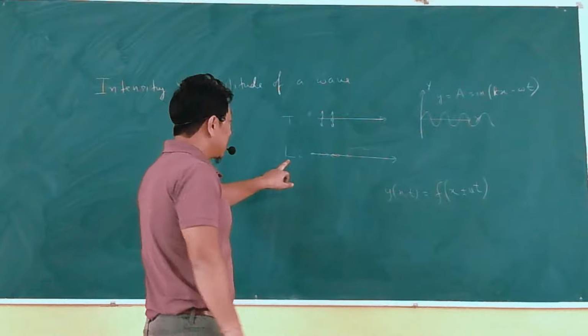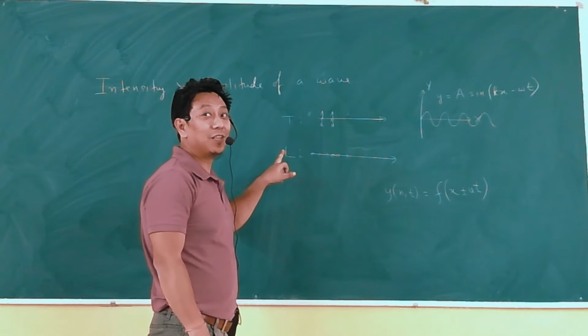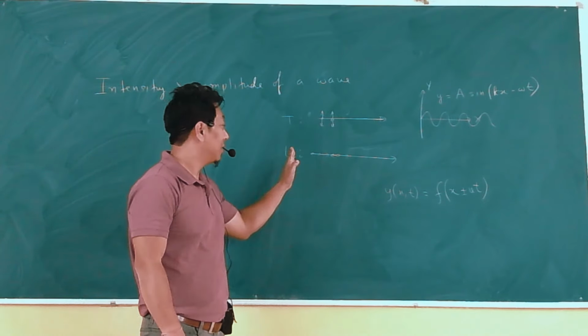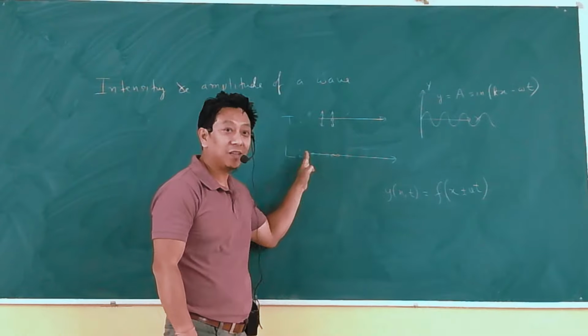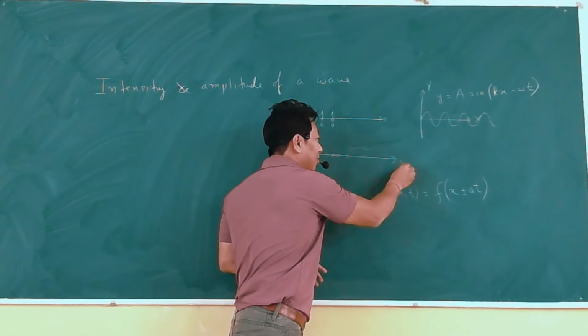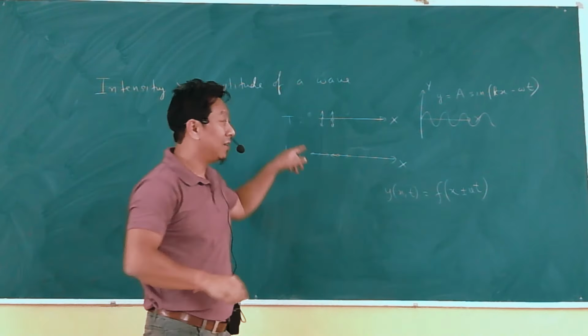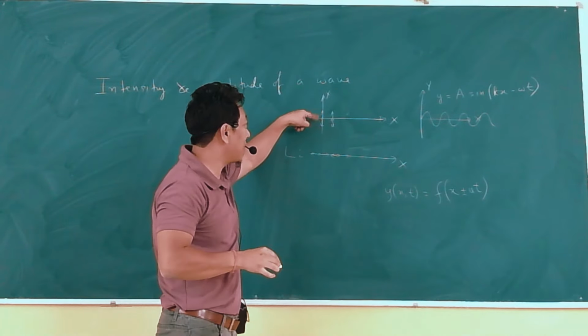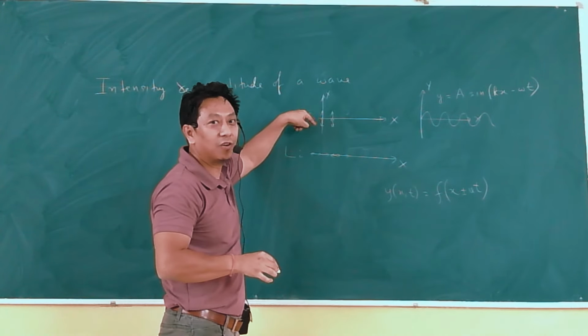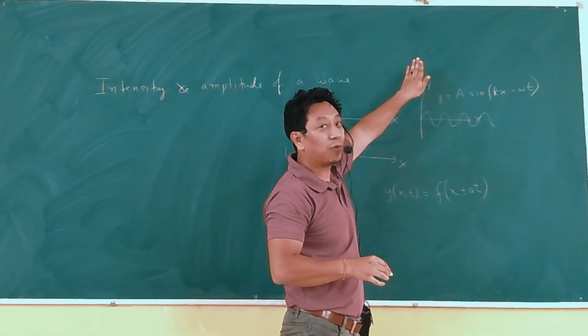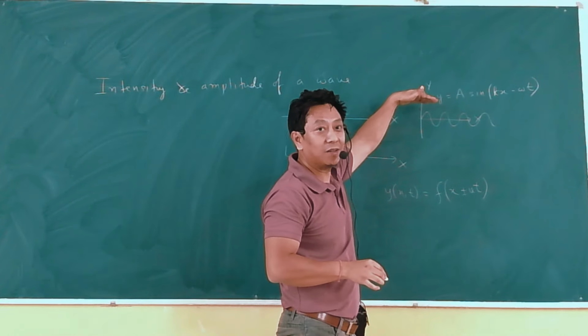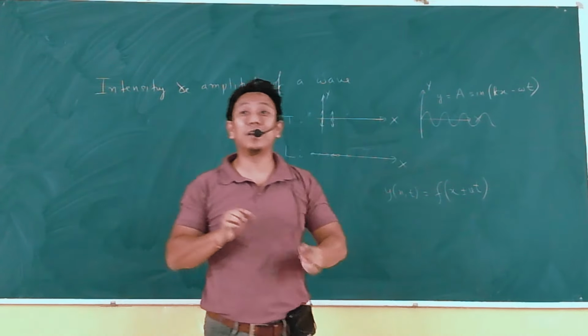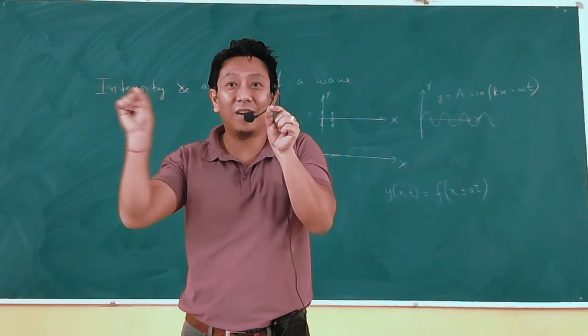Now here you have to be slightly careful because in a longitudinal wave the particle's displacement is along the x-axis only. In a transverse wave the displacement of the particle is along the y-axis. Yes or no? So displacement we are plotting along the y-axis and x represents the position of the particle.